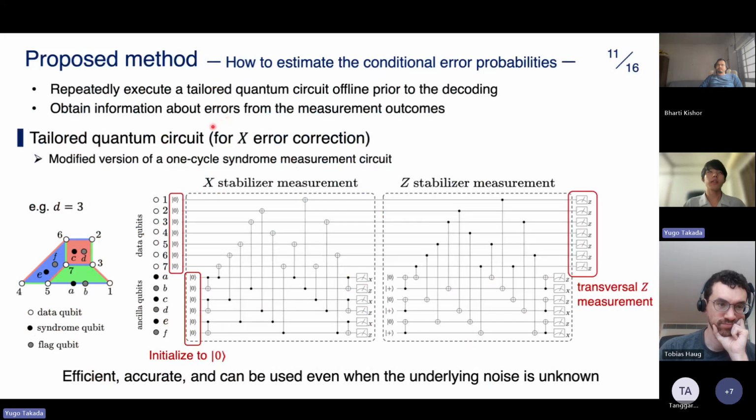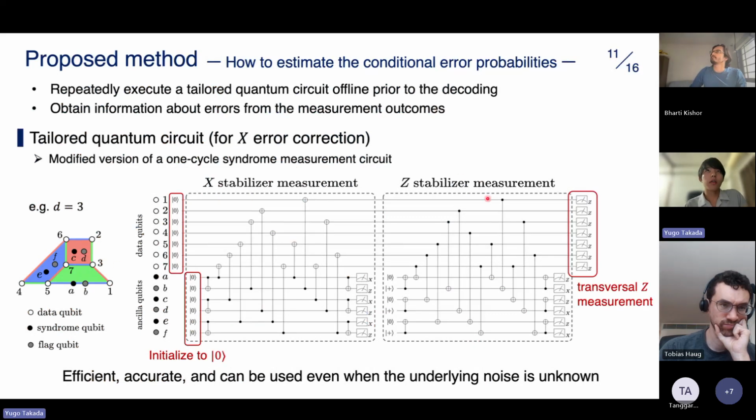We estimate the conditional error probabilities by repeatedly executing a tailored quantum circuit offline prior to the decoding. Then we obtain the information about errors from the measurement outcome of the circuit. The conditional error probabilities estimated at a single time step are used for all time steps because syndrome measurements are periodic.